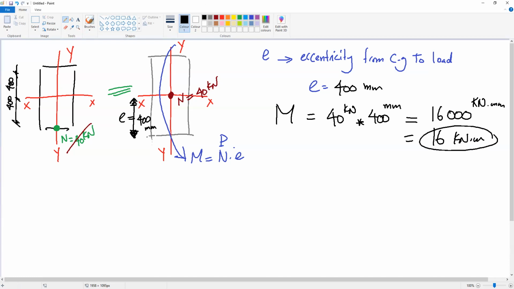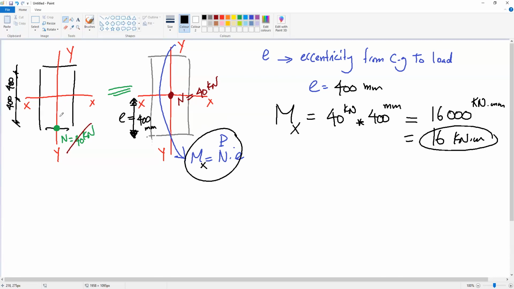Okay. Is this moment rotating about Mx or My? We need to discuss this moment. As you can see, the moment is rotating about the x-axis, so this is called Mx, because the force has a distance from the x-axis.